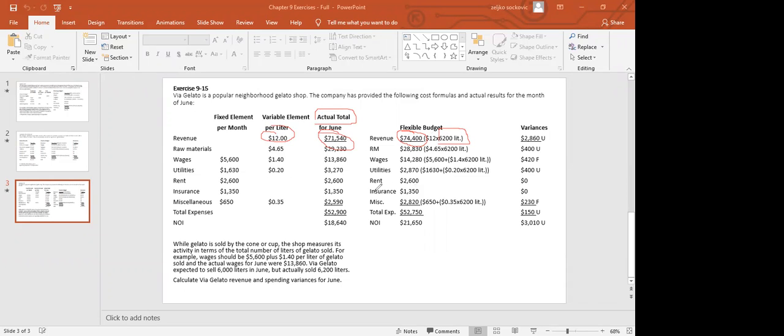Is this good or bad? Some students will say this is good because we made more money. But remember, flexible budget is not what actually happened, but what should have happened. Reality is 71,540. So 74,400 is just what should have happened.